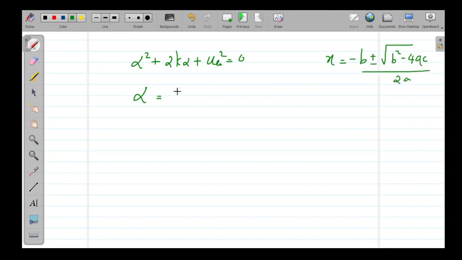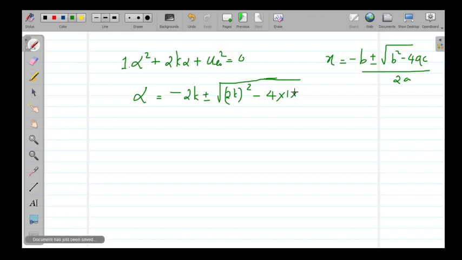Just like that, here we can write alpha equal to minus b. Here b is 2k, plus or minus root of b square, which is 2k the whole square, minus 4 into, the value of a is simply 1, into c, which is omega 0 square, divided by 2a, 2 into 1.